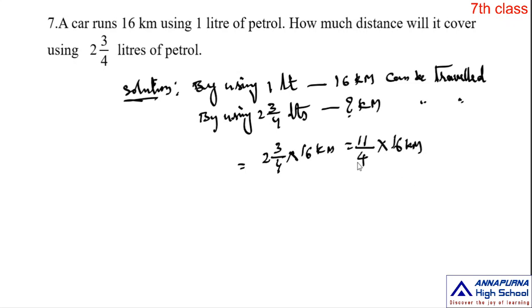So simplify, 4 ones are 4, 4 fours are 16. Now 11 fours are how much? 44 kilometers. What is this 44 kilometers? By using 2 3/4 liters of petrol, how much distance will be covered? 44 kilometers.